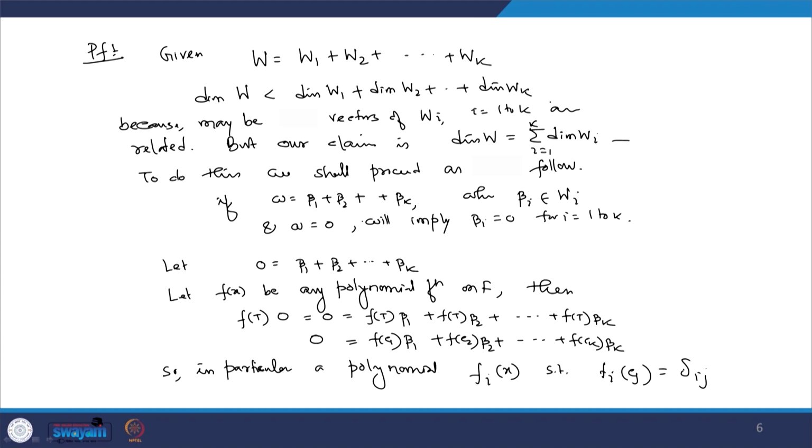I mean to say, suppose this polynomial is of degree n. Then one can consider the Lagrange interpolation polynomial of degree n, and we can have this criterion satisfied, fi(cj) equal to delta ij.